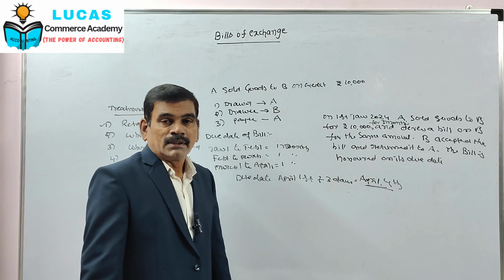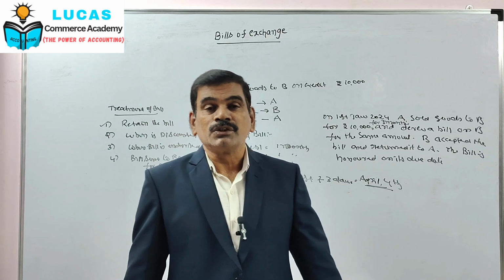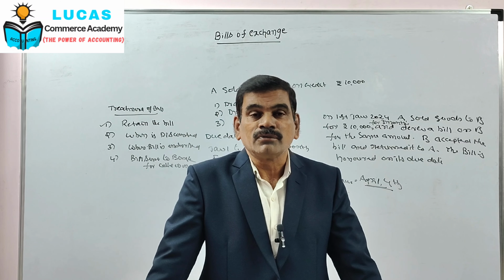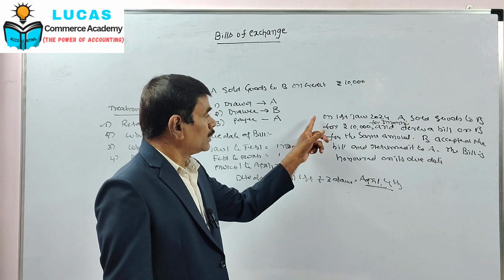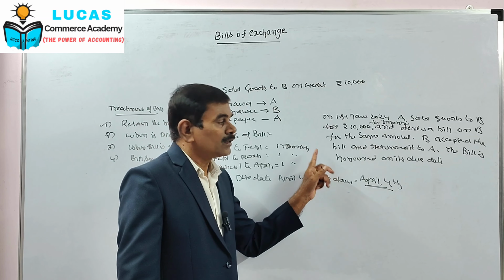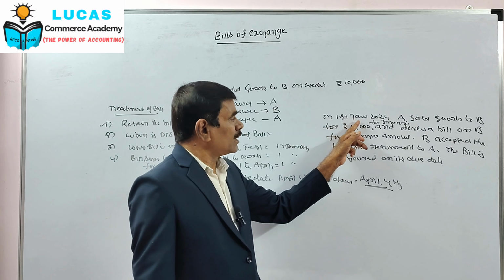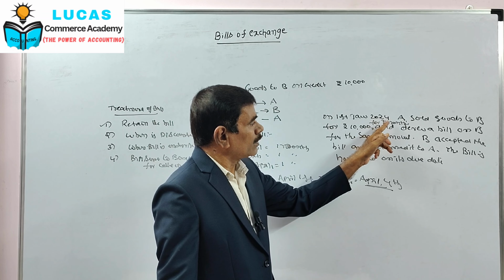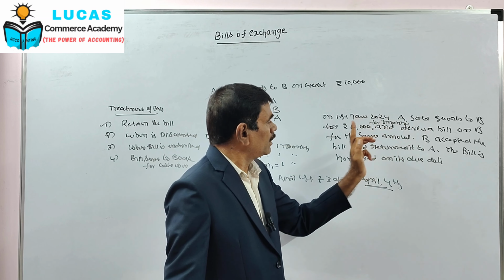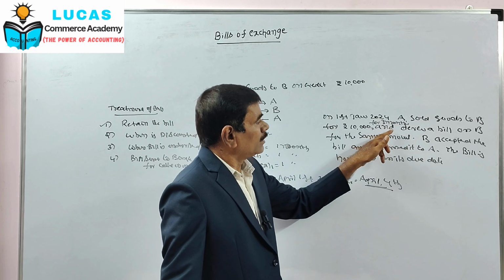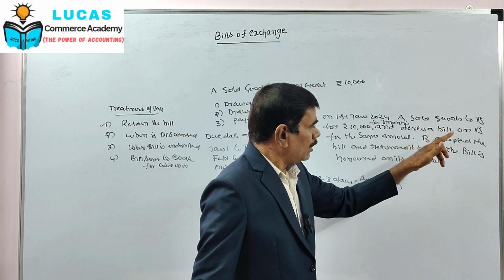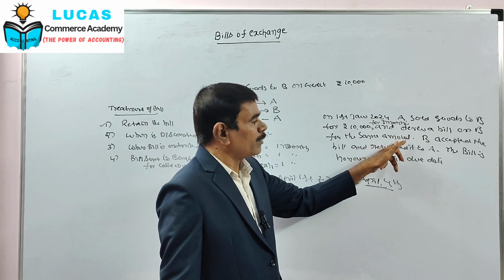So in this regard, how to pass journal entries in the books of drawer and drawee? We continue the same example. On 1st January 2024, A sold goods to B for rupees 10,000 for 3 months and drew a bill on B for the same amount.